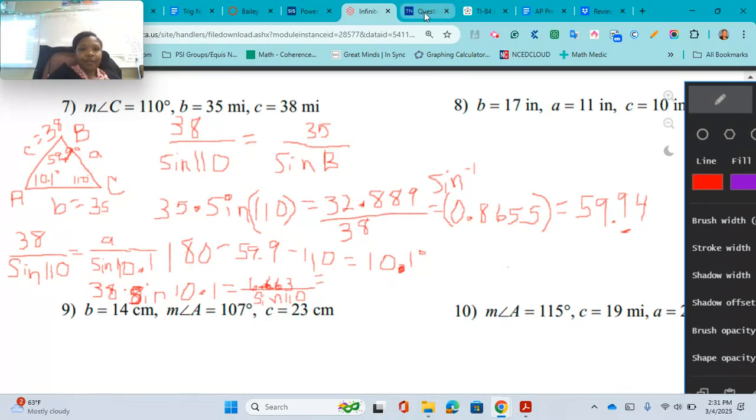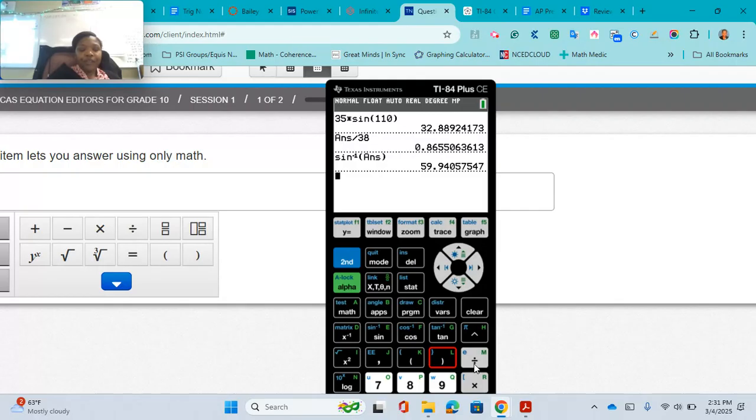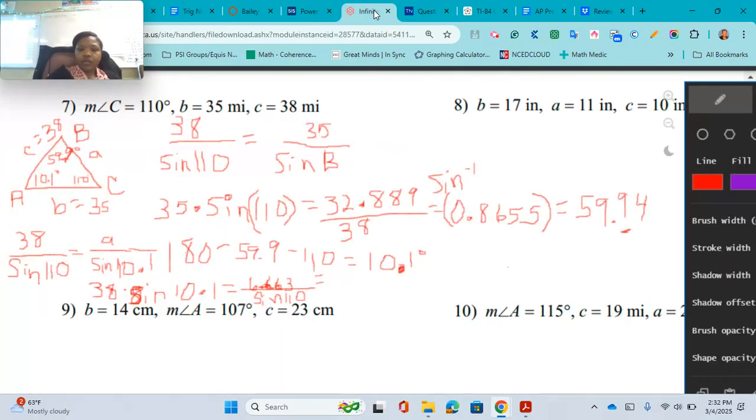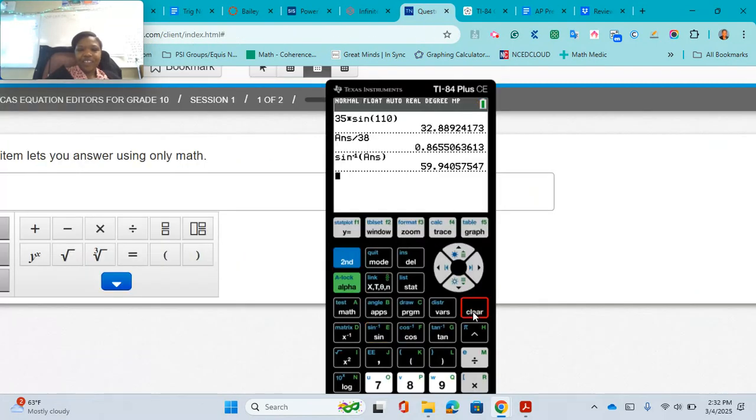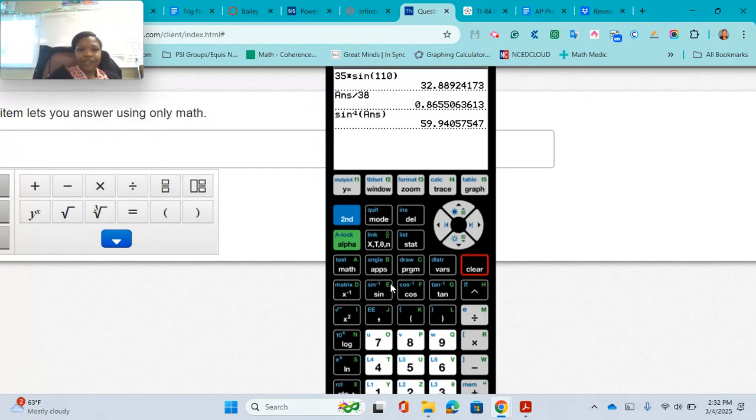All right. So on my calculator, I'm going to put divided by the sine of 110. I'm sorry, that wasn't my answer. It was 6.663 divided by the sine of 110. And that gives us 7.09.